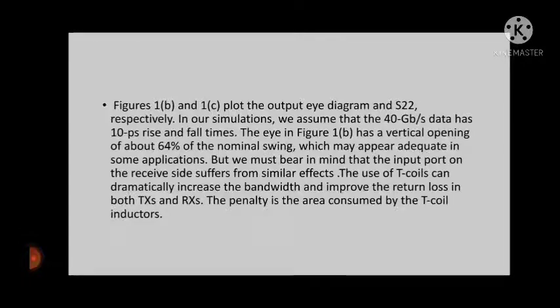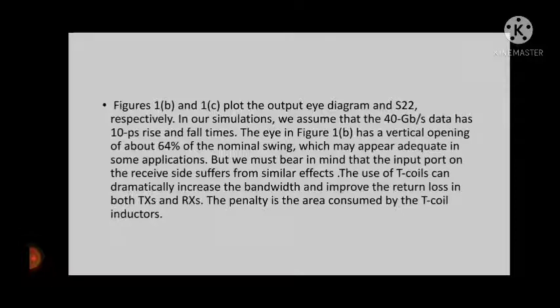In our simulations, we assume that the 40 Gb per second data has 10 picosecond rise and fall times. The eye in figure 1b has a vertical opening of about 64% of the nominal swing, which may appear adequate in some applications, but we must bear in mind that the input port on the receiver side suffers from similar effects.